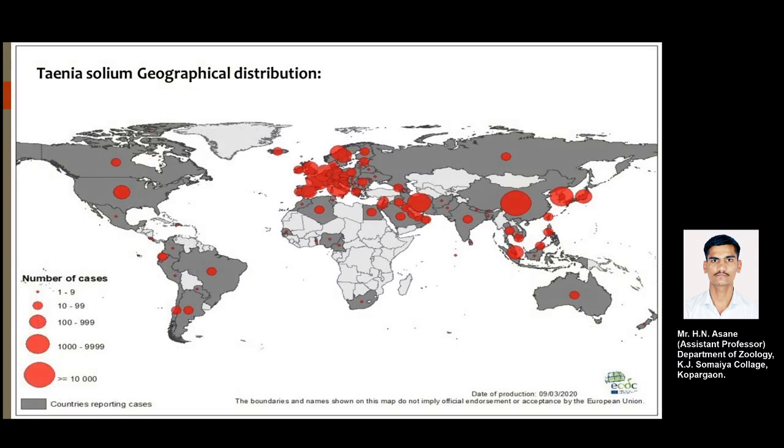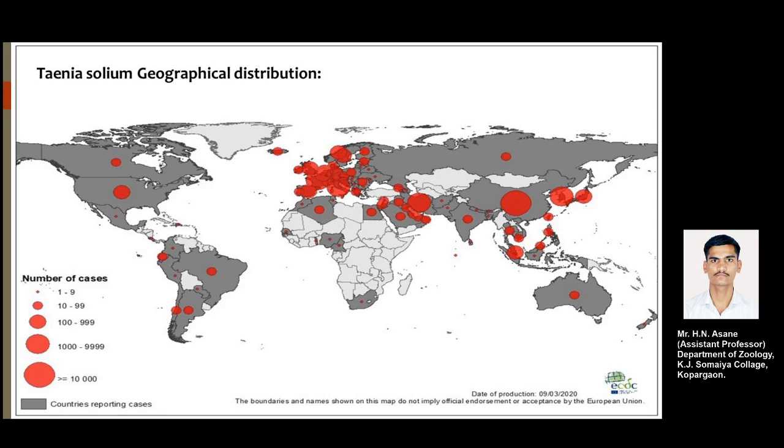The geographical distribution of Taenia solium, as I said, is cosmopolitan in nature. It is commonly found in places where raw and inadequately cooked pork is consumed by man.